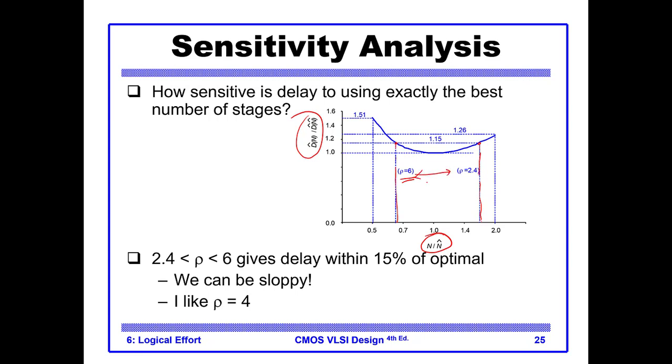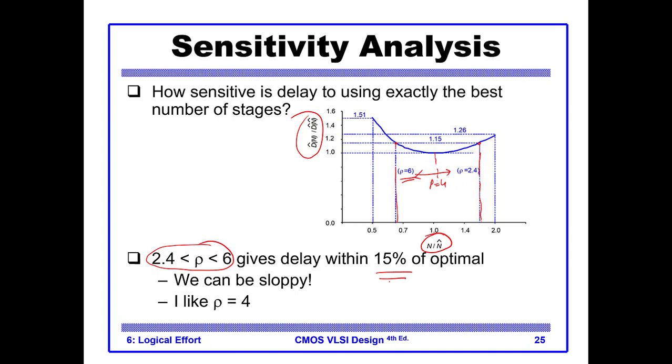In between you have the delay, for example 4 is somewhere here. So if you move the stages between this, the delay only changes by 15%.